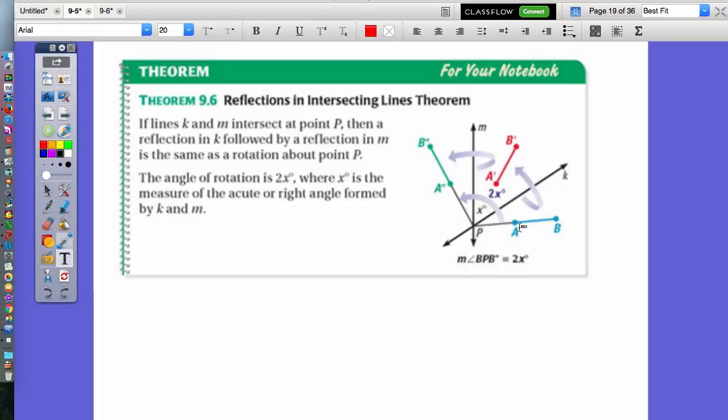If I reflect this image over line K and over line M, then it is 2 reflections over 2 intersecting lines. It would also be a rotation. And the angle of rotation is whatever the angle is of the 2 intersecting lines times 2.